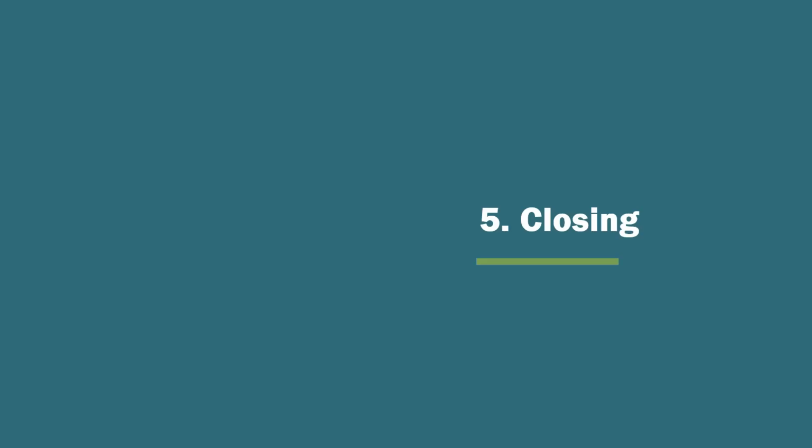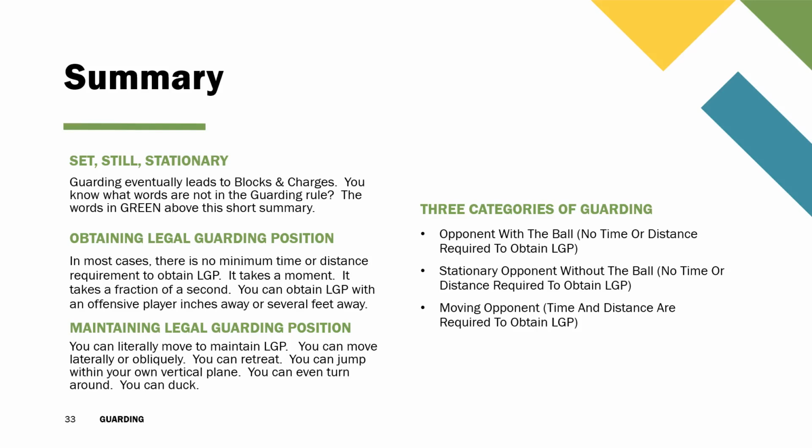In closing, we talked about guarding and all its infinite wisdom. Remember, the words set, still, stationary are not anywhere in the rule book with regards to guarding. Guarding is very simple at its essence.